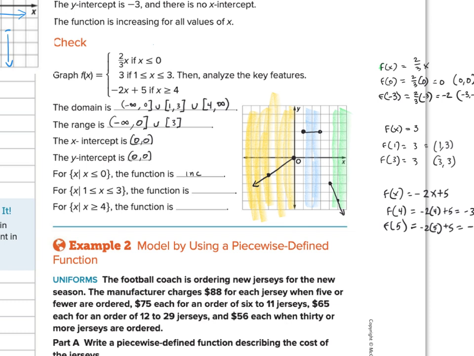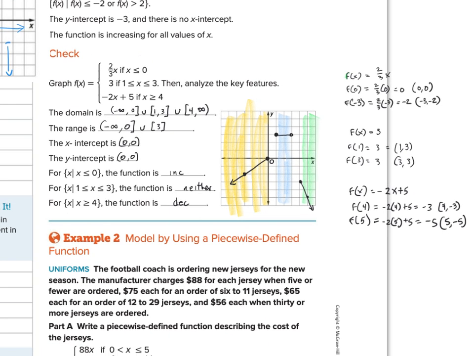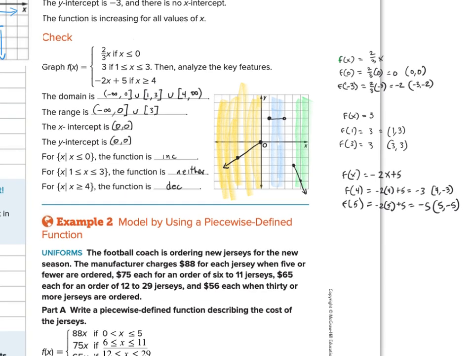The next one is neither increasing nor decreasing, and then this one is going to be decreasing. So there you go. It just depends on what kind of key features we're talking about analyzing. So that is how I could plug values in. This is what we learned back in algebra: put an input in, get an output, make an ordered pair. So there you go.